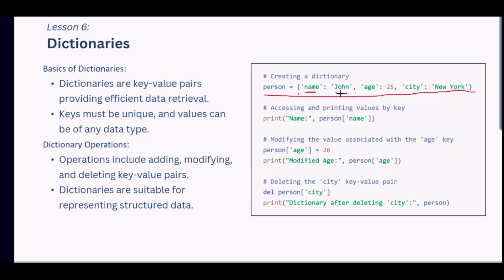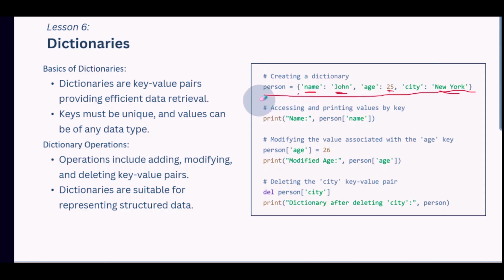As we said, the keys should always be unique. So if the first key is name, then there can't be any other key value pair whose key is name. But values can be repeated and can be of any data type. Here it is John, here it is 25, so here it is a string, here it is a number, then again a string.